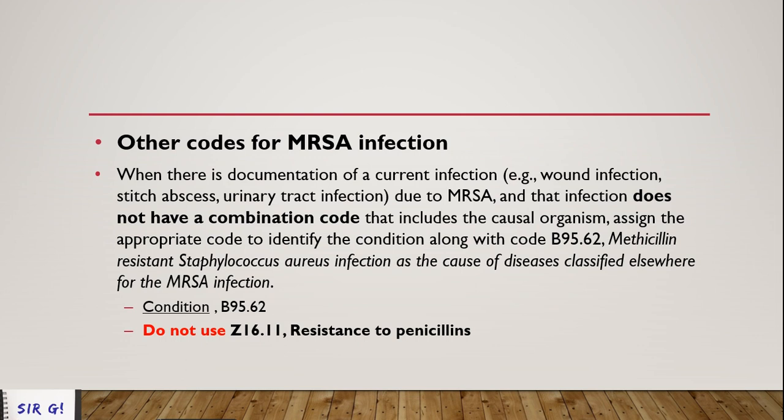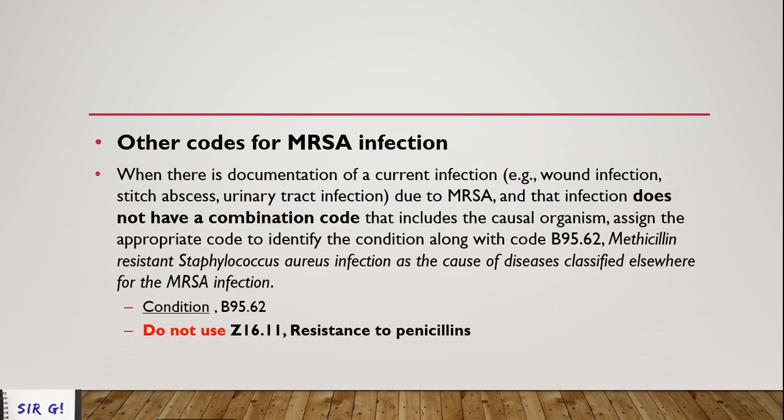So you code the condition followed by B95.62. You can no longer code for the resistance because it's already stated in B95.62 that this is a methicillin-resistant Staphylococcus aureus infection code. Okay? If there's no combination code, code them separately.